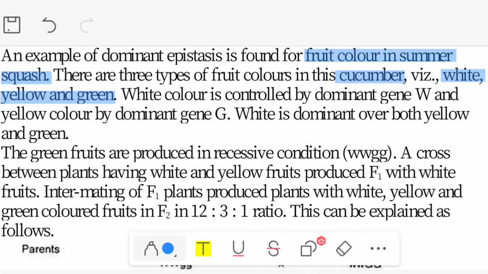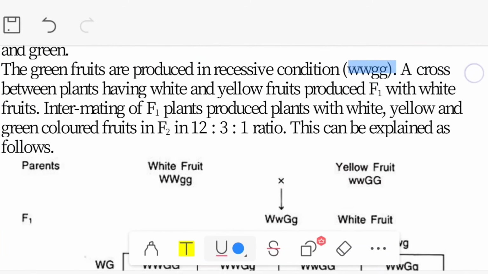The white color is controlled by the dominant gene W, and the yellow color by the dominant gene capital G. Basically, white is dominant over both yellow and green. For green, everything should be in the recessive condition. So let's check it out.